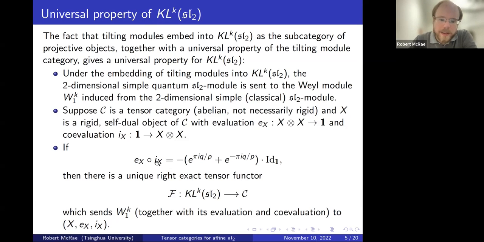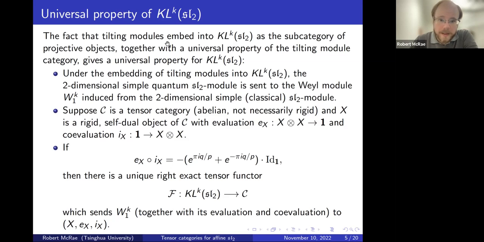So if you have this condition, then the universal property is that there's a unique right exact tensor functor from KL_k to C. So basically, I mentioned there's a universal property of the tilting module category up here. That universal property basically says that if you have such an object X in a category, then you get a functor from tilting modules to C, which is a tensor functor.